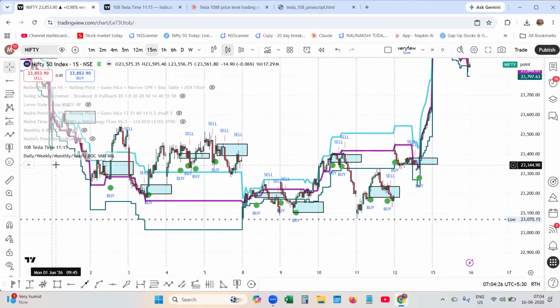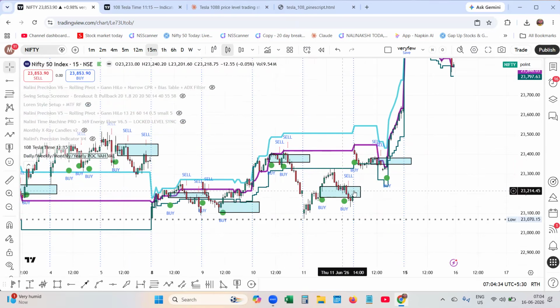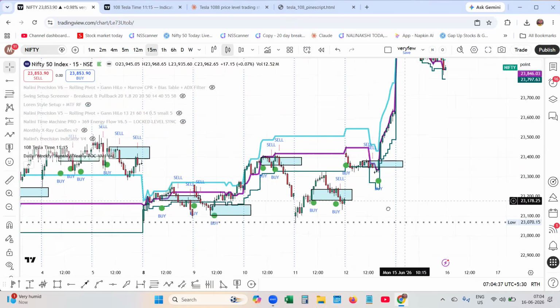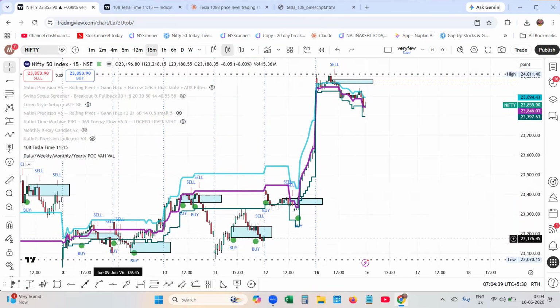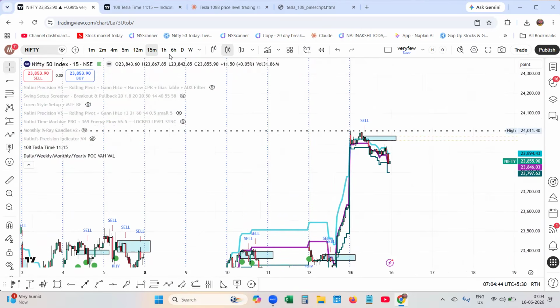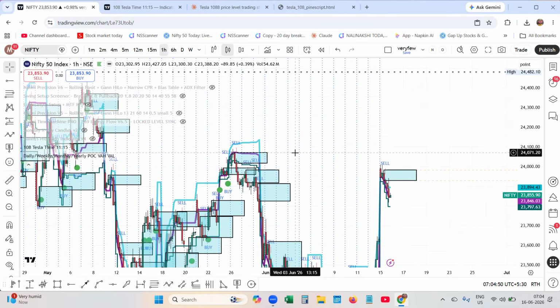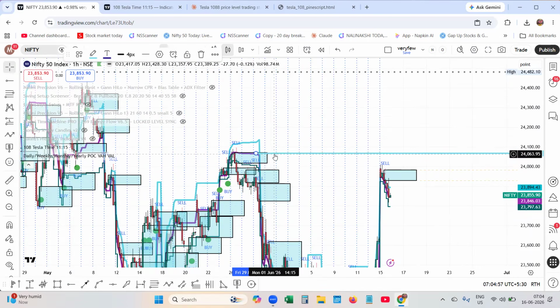See, you can see the Tesla time aligning below this and moving above. Tesla time aligning here with the weekly POC. The market climbed above and has climbed this. Then let me go to the hourly time frame, and the point of control, exactly the weekly point of control, is aligning with the Tesla higher zone, the Tesla time zone.